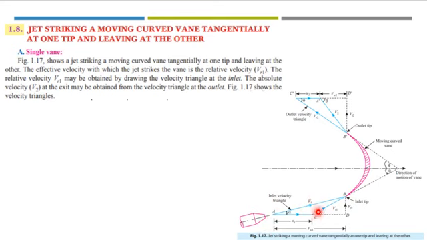This jet strikes the plate at one end tangentially. You can see different values here. This is V1, this is VR1, this is VF1 and VW1, this is U1.